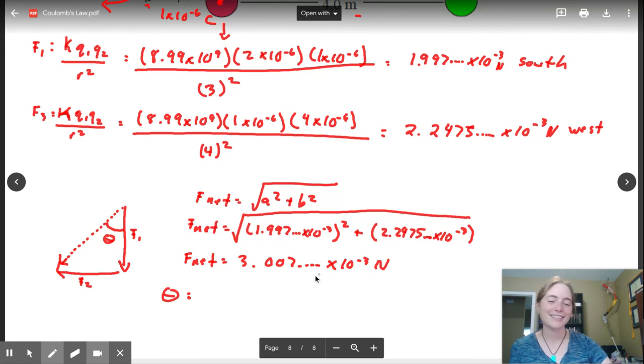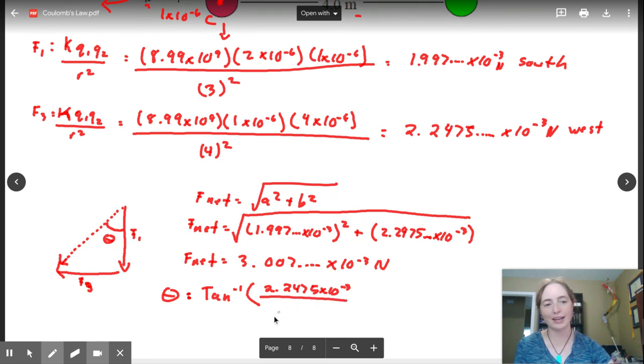Okay, so now what we're going to do is tangent. So theta is tan negative 1, and the opposite is F3, beg pardon, technically not F2. So your F3 is your opposite: 2.2475 times 10 to the power of negative 3. Use all those digits in that calculator.